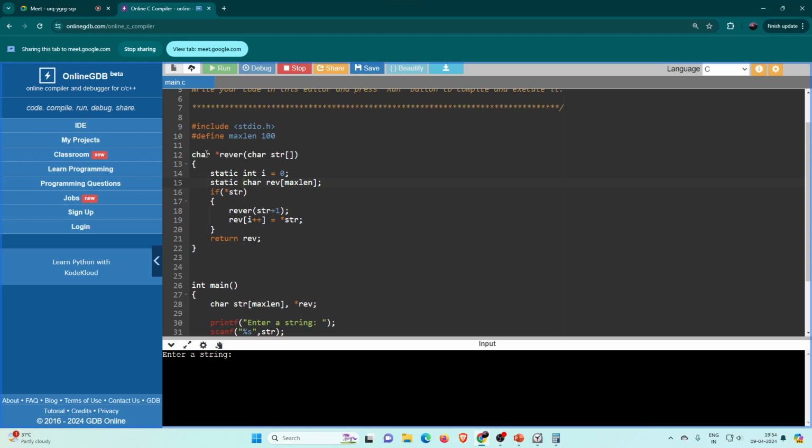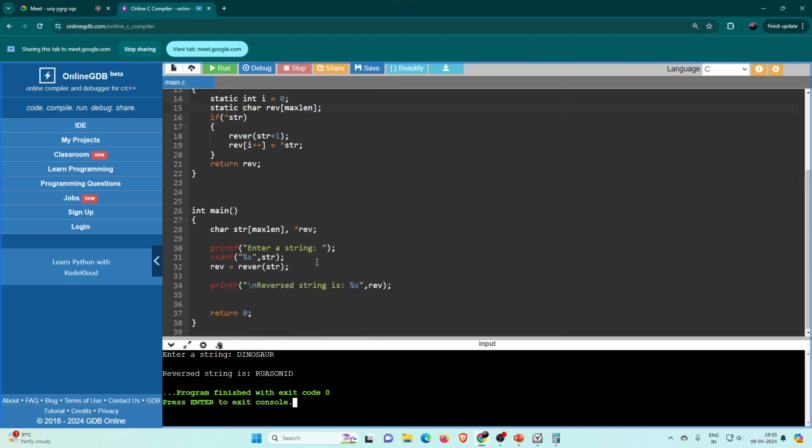So this part is dynamic, and I have to mention that these are static to make sure that they are static. Okay, dinosaur. I got the reverse. It works. The function has worked successfully.